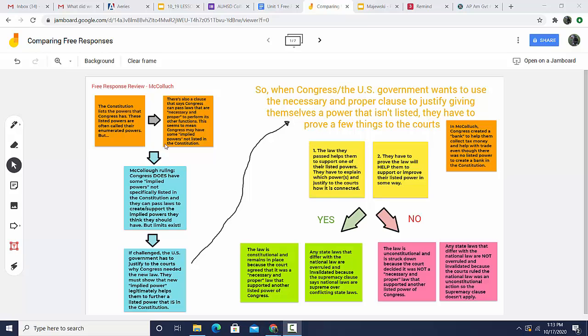And not only connected, but number 2, that they have to prove that it's going to actually help them to support or improve their listed power.